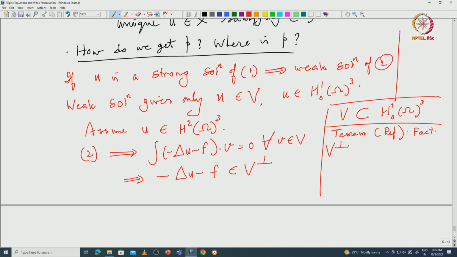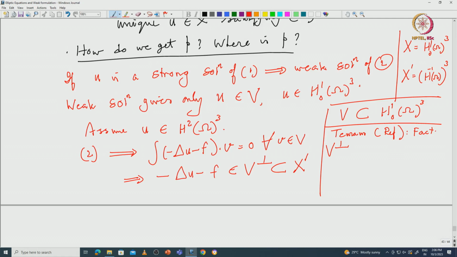Let me also keep this notation: X is equal to H1 naught of omega cube, so X prime is equal to H minus 1 of omega cube. So, V perp is a subset of X prime, keep that in mind, because X is H1 naught, so it will be a subspace of H minus 1.